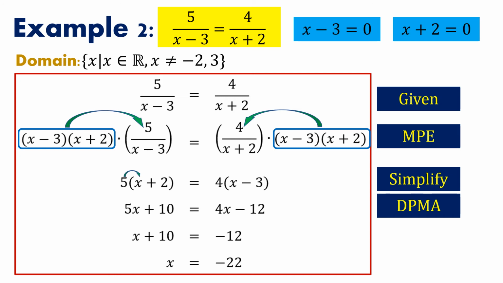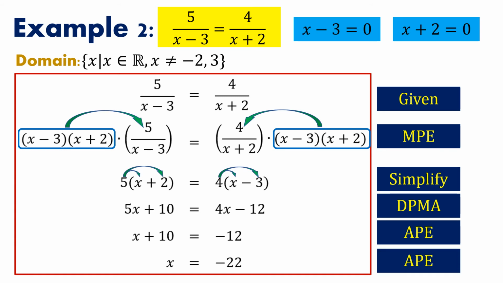We apply the distributive property of multiplication over addition on both sides. We also apply the addition property of equality and subtract 4x from both sides of the equation. Lastly, we again apply the addition property of equality and subtract 10 from both sides of the equation.